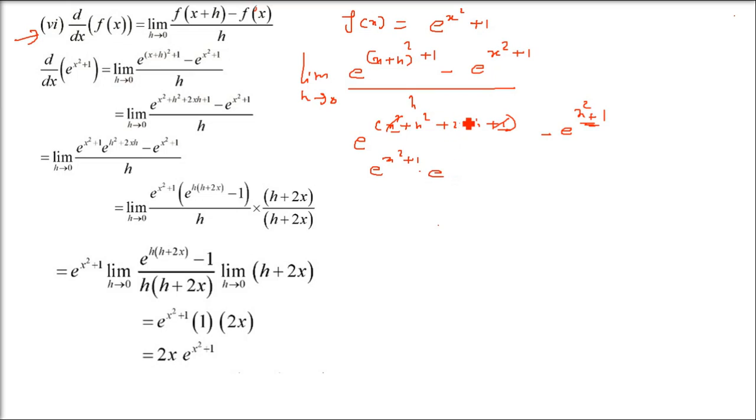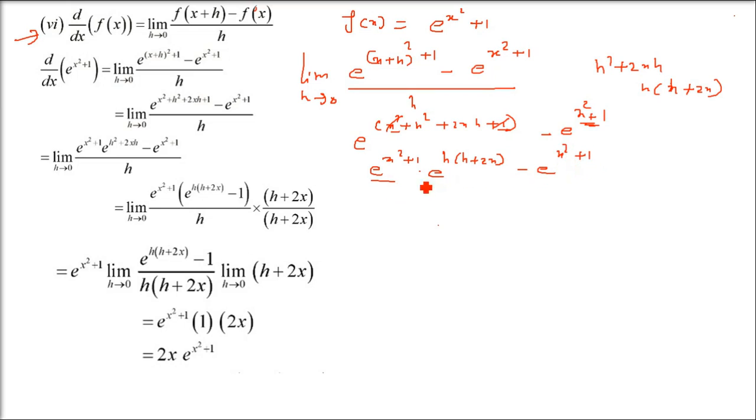So you can have e to the power h square plus 2xh. So now you can take h common from here also, second term. So h plus 2x will remain. So why I am doing this, you'll just know. So e raise h times (h plus 2x). Okay. Now we have got e raise x square plus 1 which we wanted, minus e raise x square plus 1.